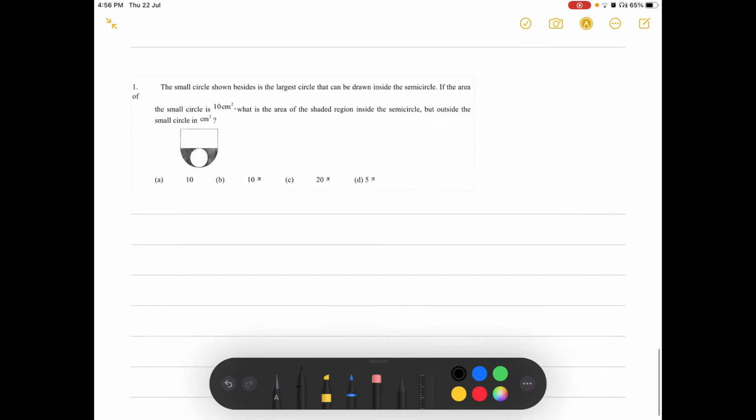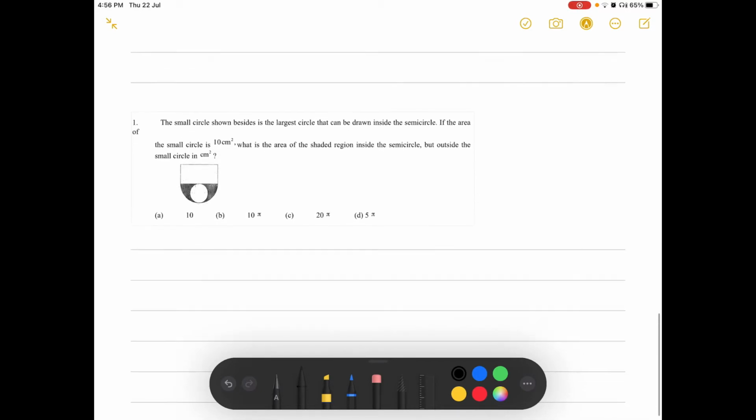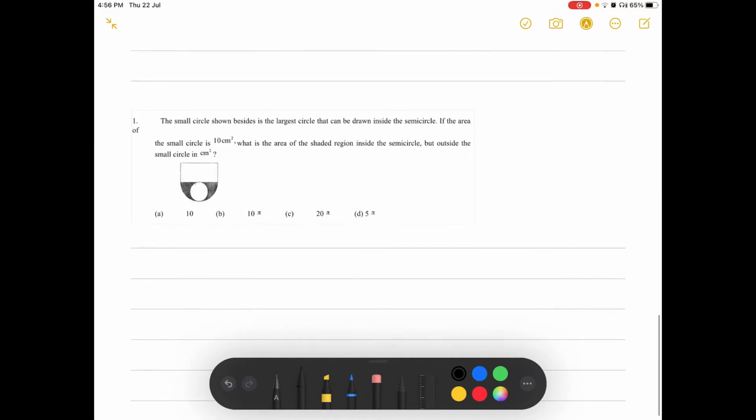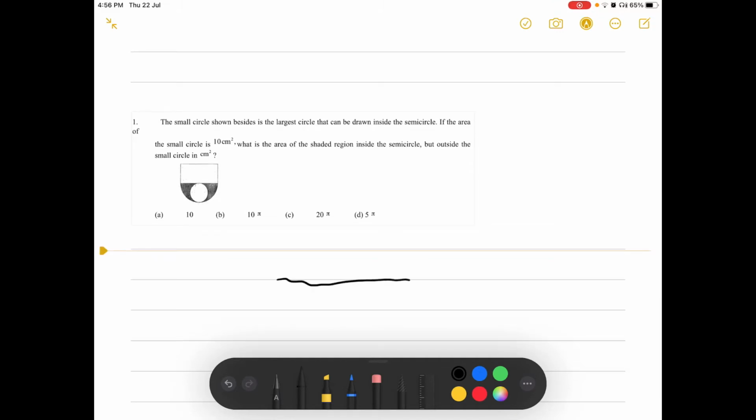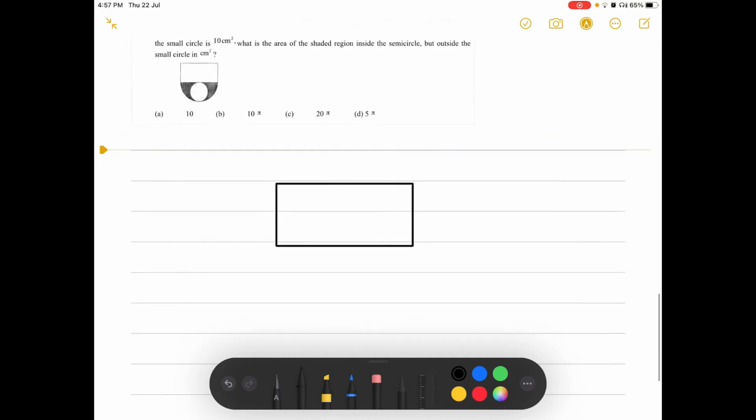The small circle shown beside is the largest circle that can be drawn inside the semicircle. So let's draw this figure over here as well. So this is the semicircle and this is the largest circle that can be made inside it.